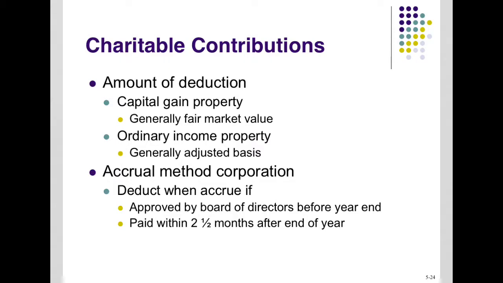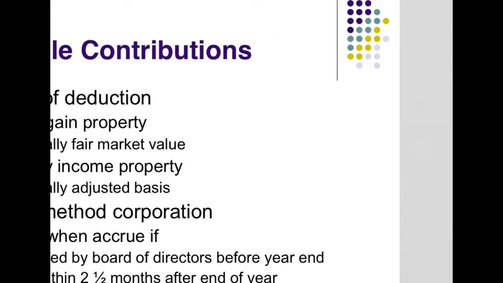Let's talk about charitable contributions when it comes to a C corporation. The first thing to recognize is that the tax law takes a dim view to recognizing charitable contributions from a corporation, because the big question is, can a corporation as an individual entity be gratuitous? That means, can a corporation actually make gifts to somebody?